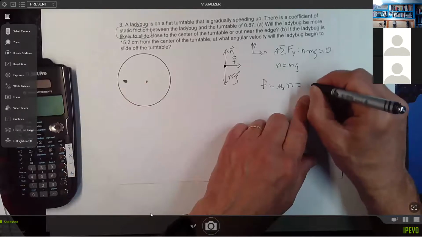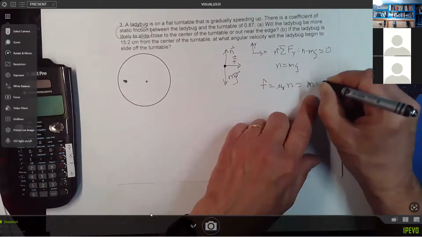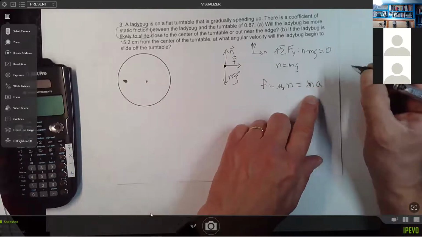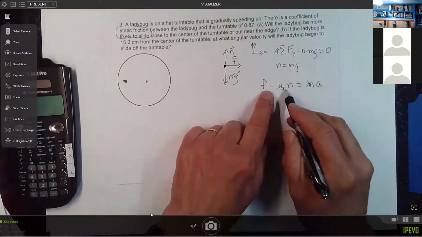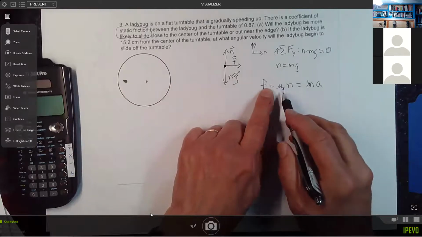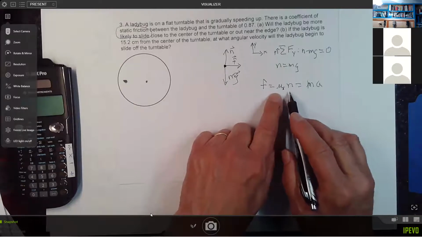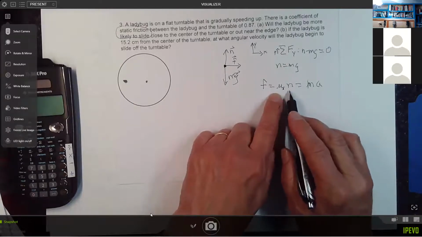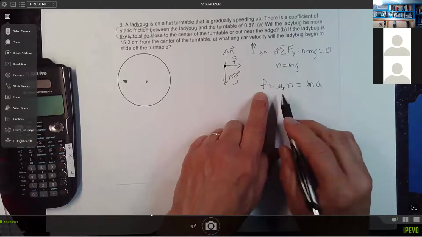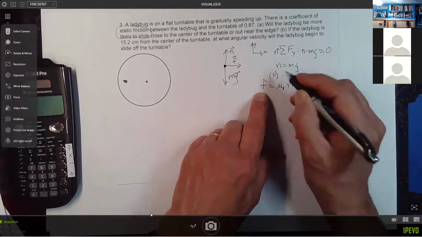So that'll be the mass of the ladybug times its acceleration. Oh, by the way, generally the frictional force is less than or equal to this, but we want to have the maximum amount of friction, and so we'll use the equality here. Usually it's got a less than or equal to on it.